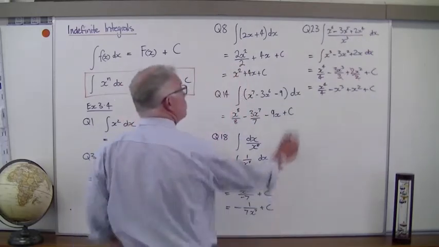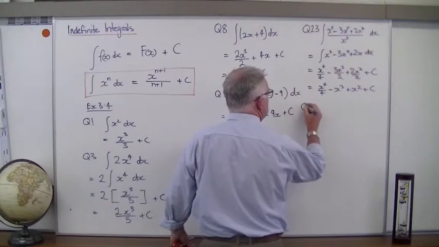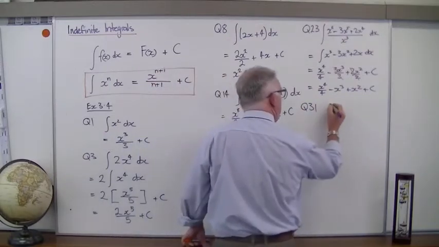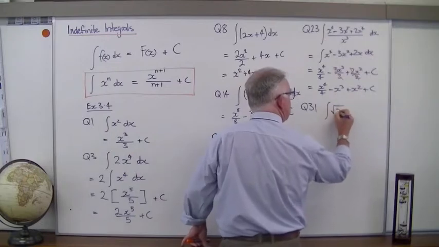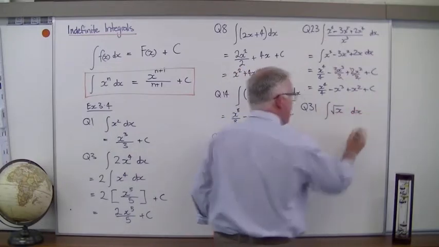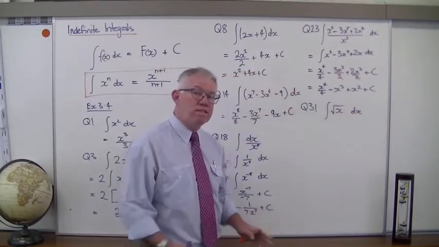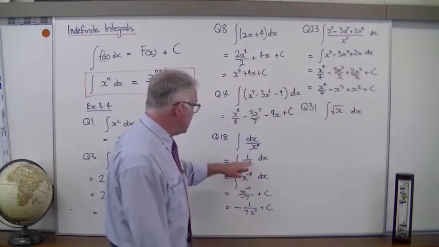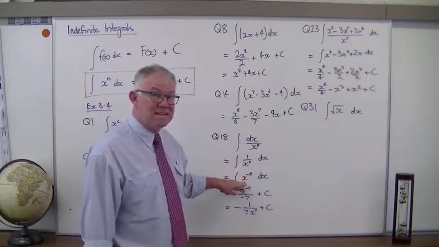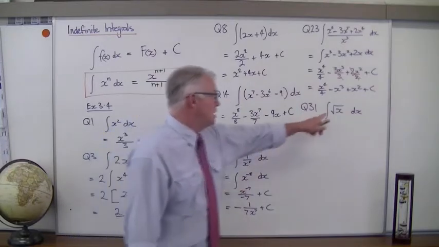Question 31, sorry. We're jumping down to question 31. Another important point with this one, we're integrating the square root of x with respect to x. Always important, just like we did down here, to write all our functions of x in index form, not like that.